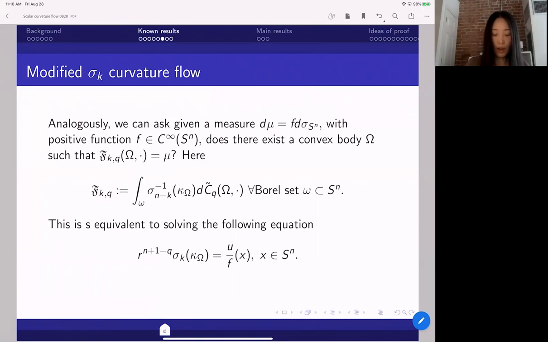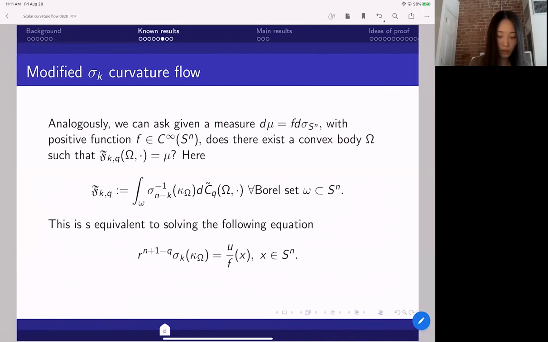Here this measure is defined as follows. We can consider it as a dual L_q Christoffel-Minkowski problem. This measure can be interpreted as a dual k-th q-area measure. So this is equivalent to solving the following equation.